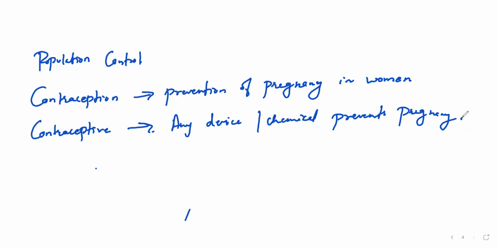So now what are these contraceptive methods which can be adopted? These are basically called birth control methods, which are as follows. The first one is called the barrier method.